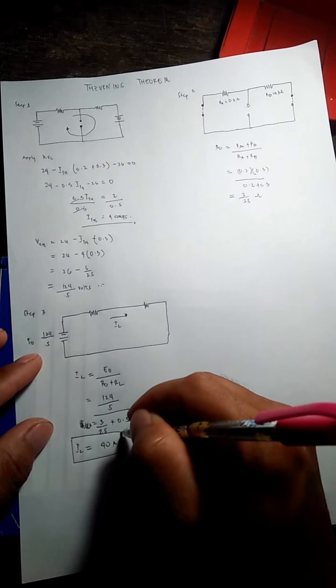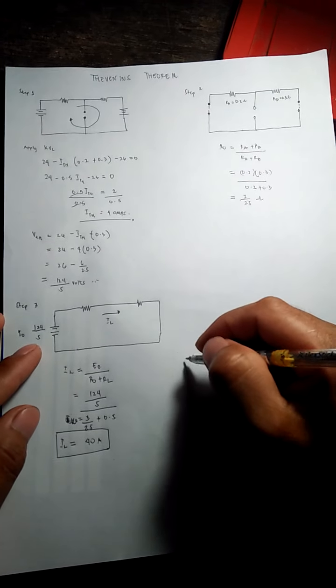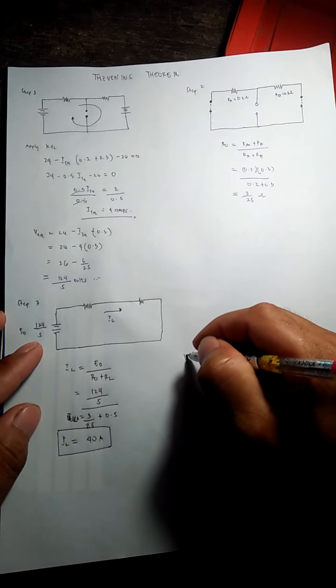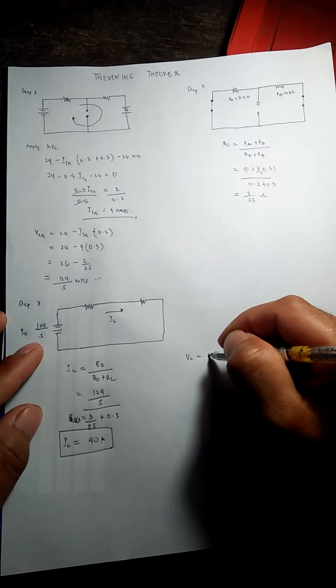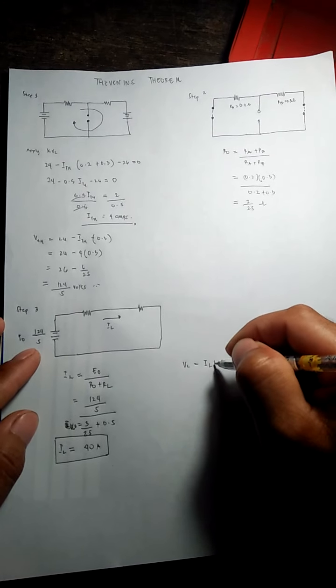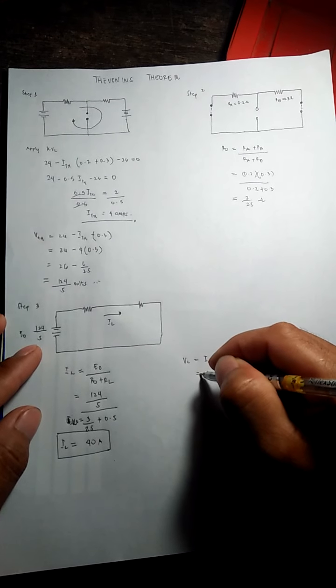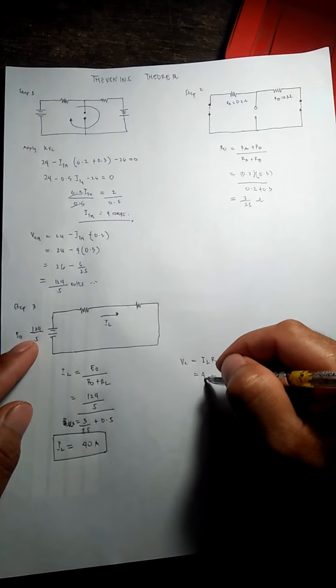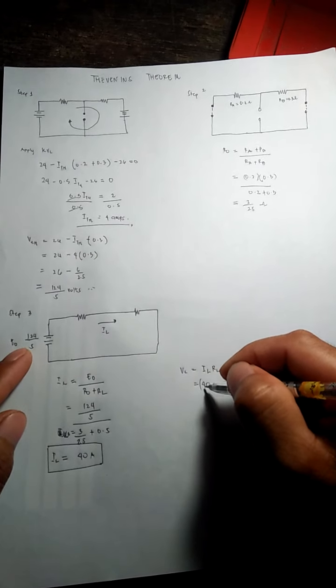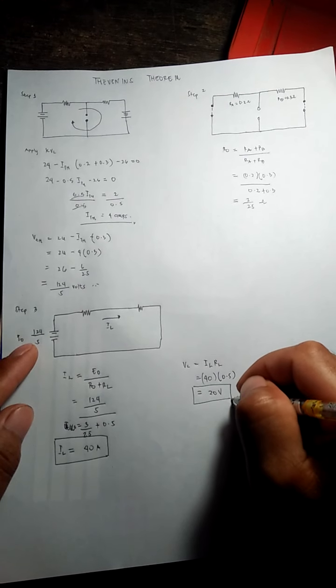So we have now our IL, so we can now directly solve our VL. VL is IL times RL. Our IL is 40 times RL, which is 0.5. So we have 20 volts for VL.